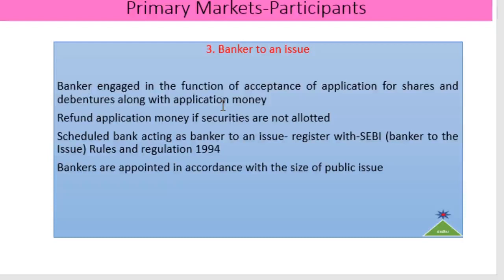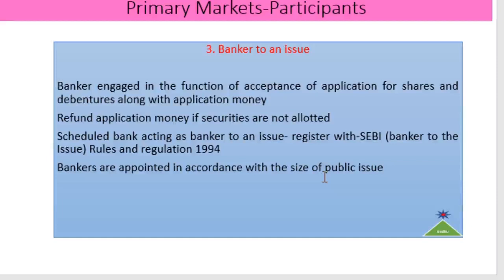The banker to the issue should have branches in the specified collection centers. In big or metropolitan cities, more than one branch of various bankers to the issue are designated as collecting branches, and they are appointed in accordance with the size of the public issue.